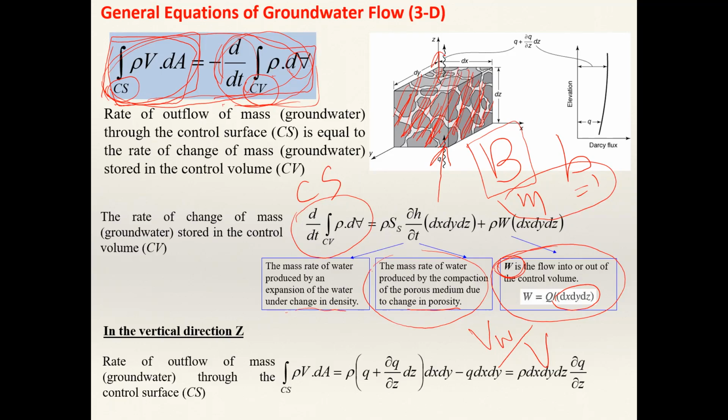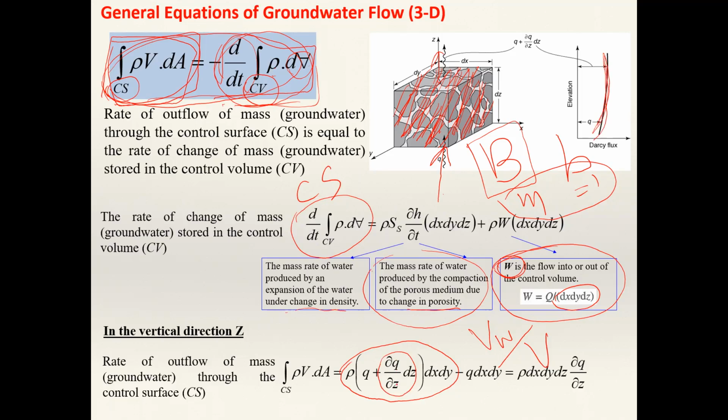So how is it? This is the amount of the water that is going out from this surface. Q is what is coming in, and ∂Q over ∂Z multiplied by dZ is the variation of the Q with the Z, like this.